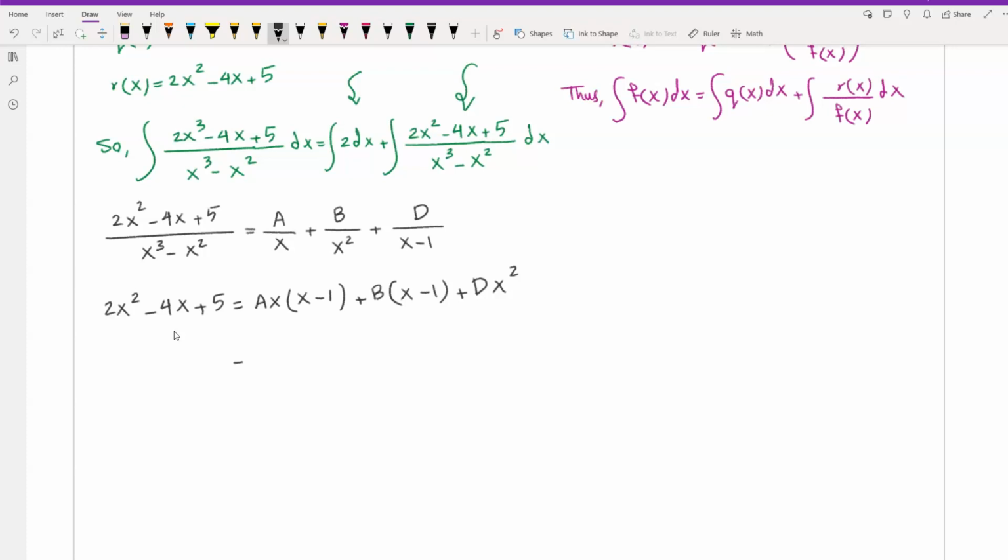Combine like terms, so on the right side we have (a plus d) times x squared plus (b minus a) times x minus b. If it's hard to write these, it's better to first multiply it out: ax times x, ax times negative 1, b times x, b times negative 1, and then combine like terms.